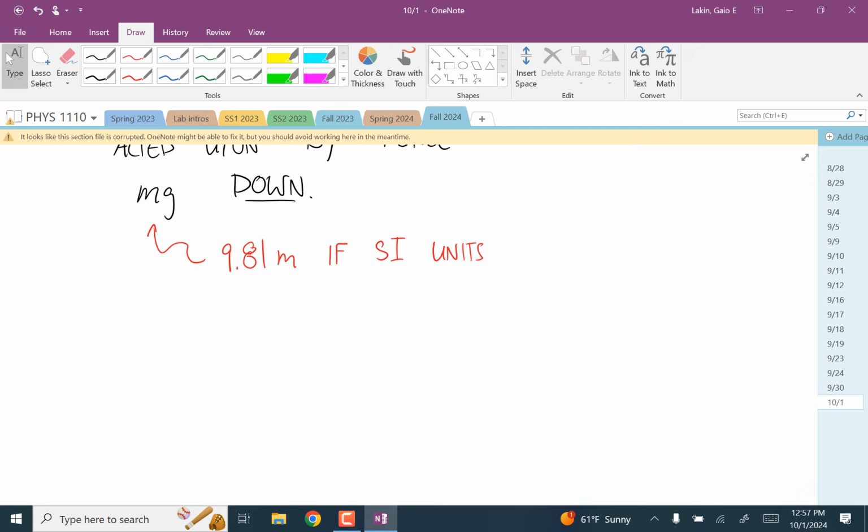Okay, so how does a bathroom scale work to measure your weight?